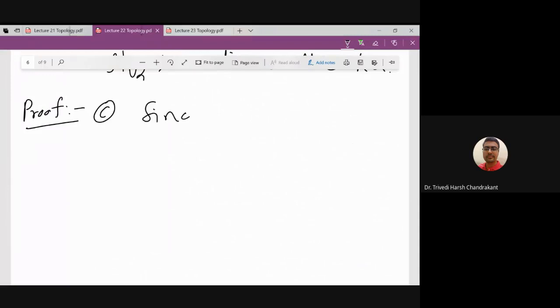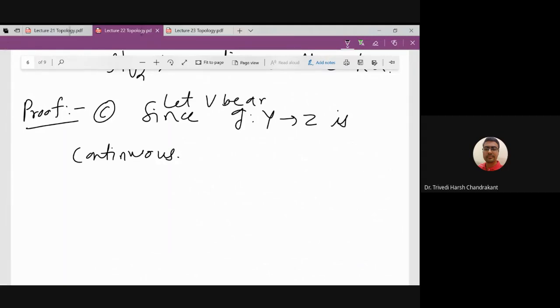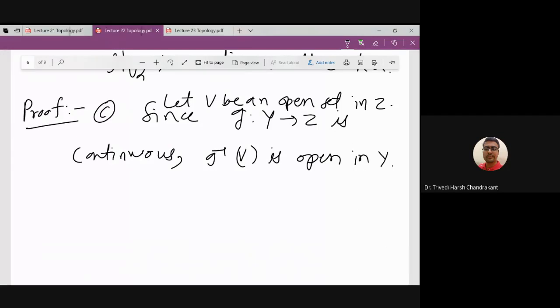Since g from Y to Z is continuous, first of all let V be an open set in Z. Since g is continuous, g inverse V is an open set in the domain.